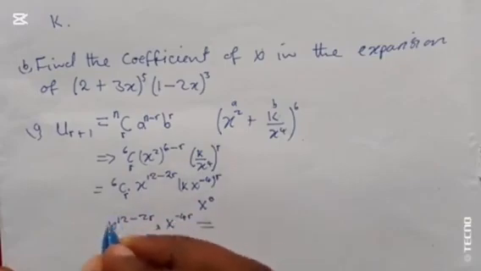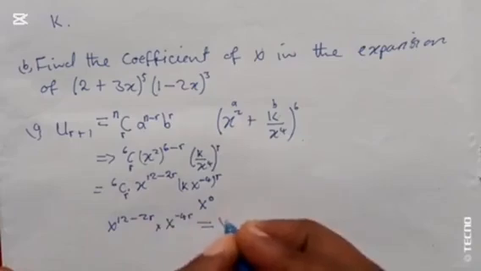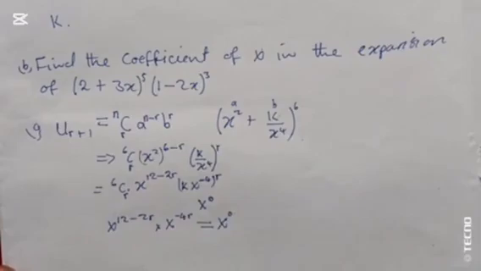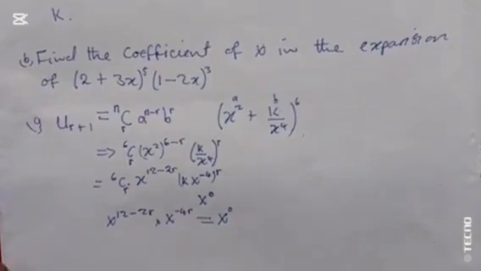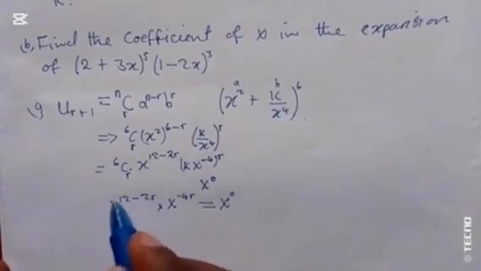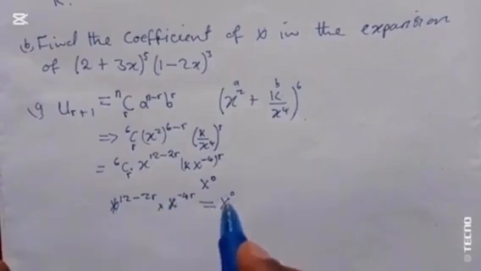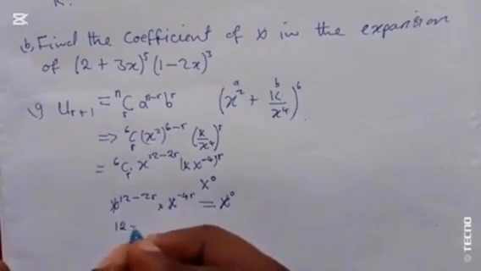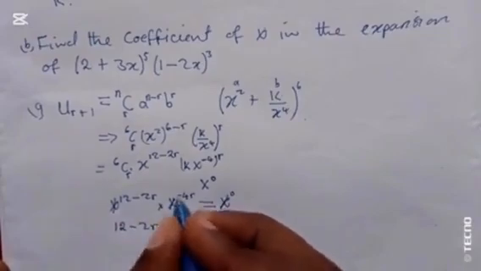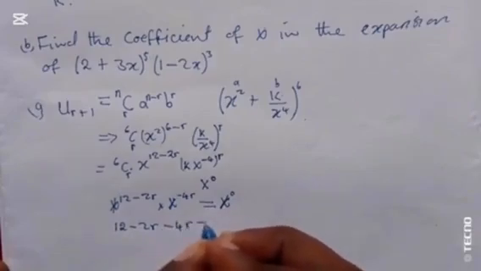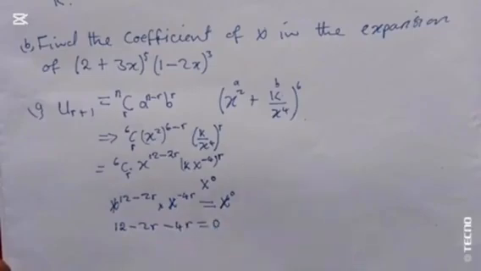For us to find the independent term, this x, we put x to the power 0. That one will give us the independent term of x. So we cancel all this x, and we remain with the power. We have 12 minus 2r, then minus 4r, is equal to 0.